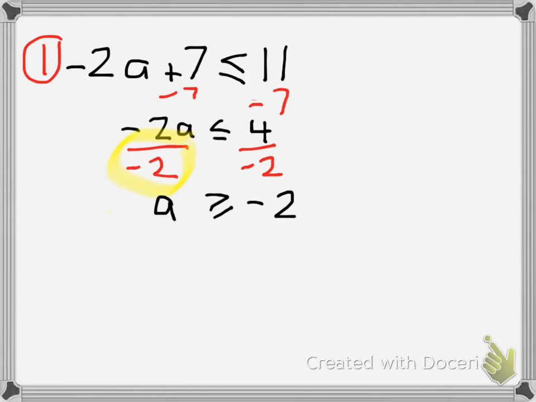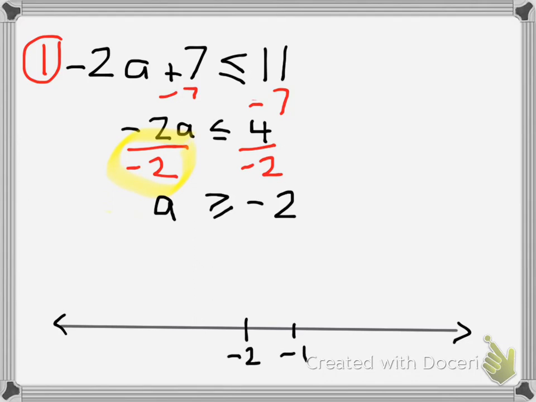We would graph this now as we normally would, so we'll draw our number line and draw our arrows on either end. I'm going to put negative 2 in the middle and draw a few numbers on either side: negative 3, negative 4. Now our sign is a greater than or equal to, so we put our circle on negative 2.